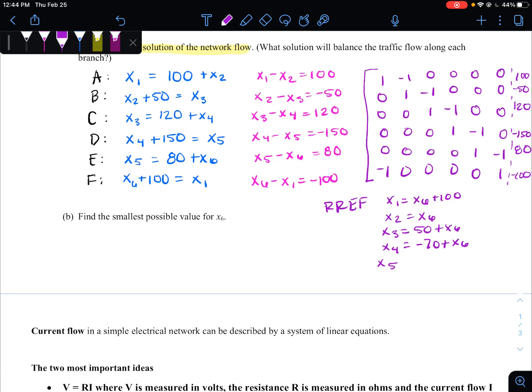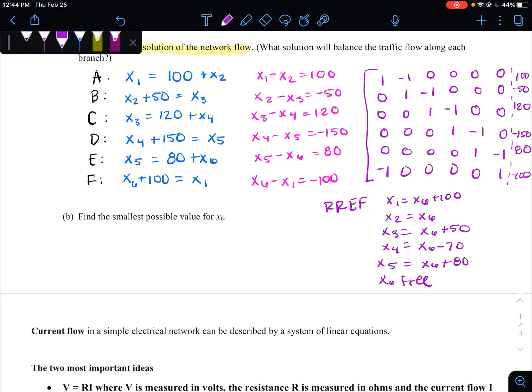Maybe I should have kept them in the same order. Let me rewrite that. x3 was x6 plus 50. x4 was x6 minus 70. x5 is x6 plus 80. And then x6 is free.